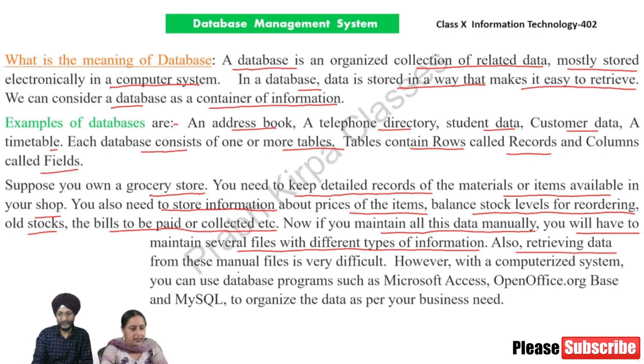Also, retrieving data from these manual files is very difficult. However, with the computerized system, you can use database programs such as Microsoft Access, OpenOffice.org Base, and MySQL to organize the data as per your business need.